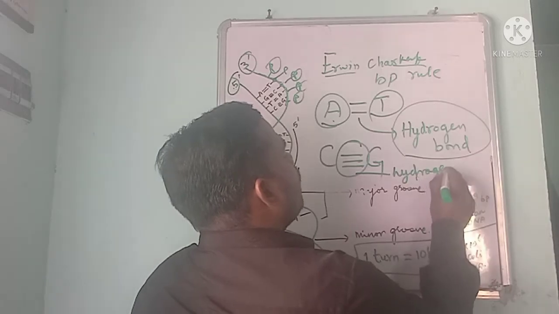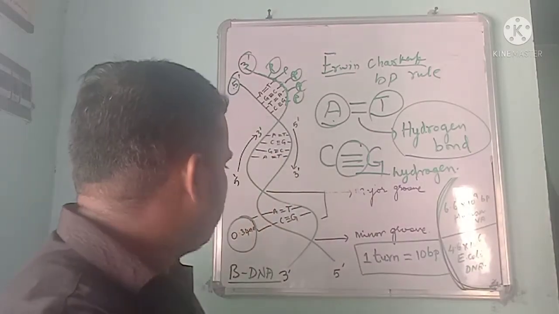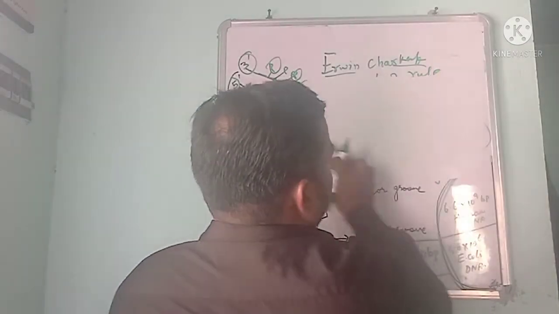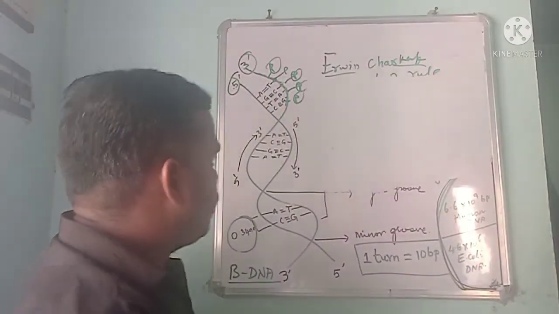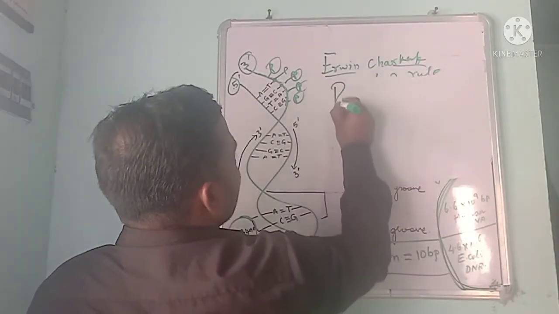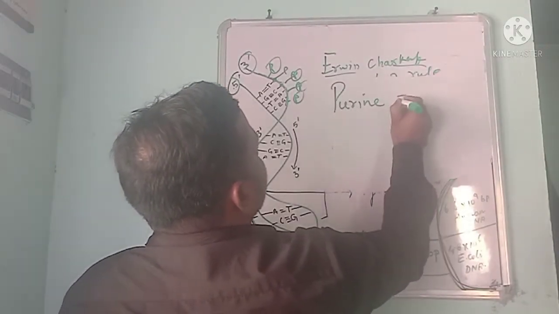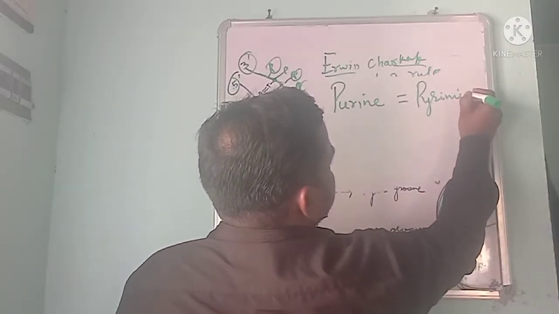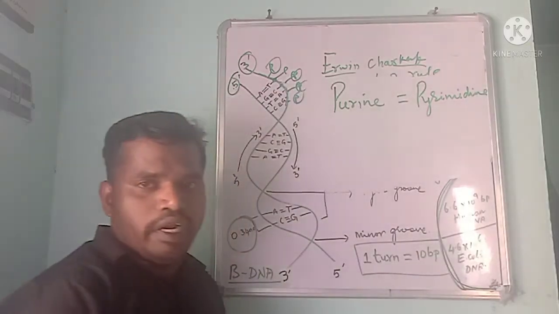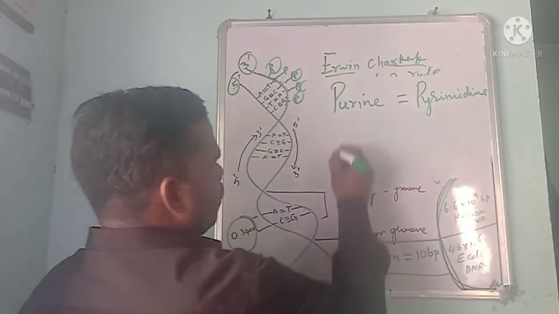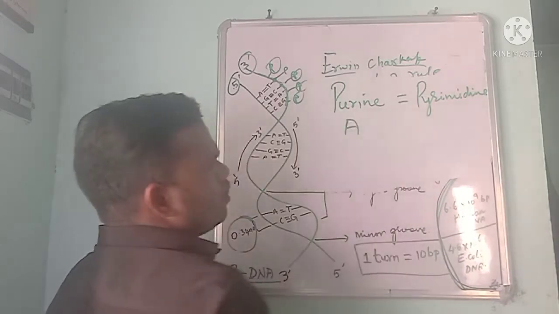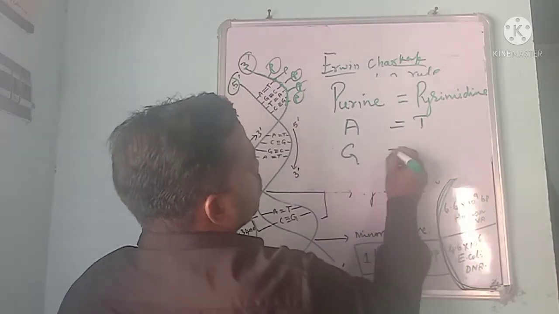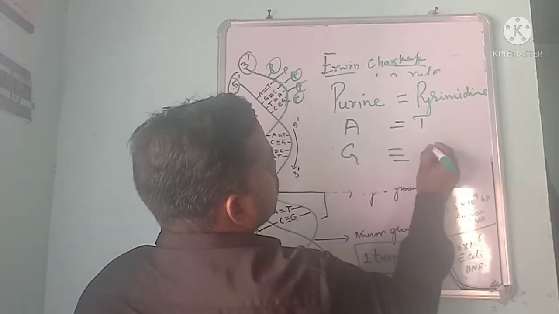So what Chargaff says is that purine is always equal to pyrimidine in any tested organism. Examples: what is purine? Adenine. Pyrimidine, you can say T. Guanine, you can say C.